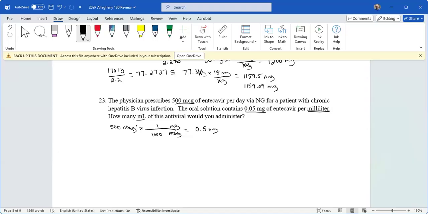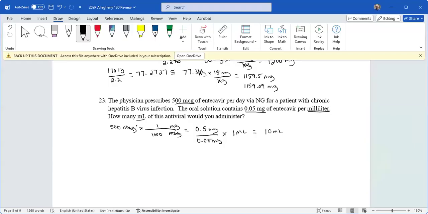Now, you can use dimensional analysis, but I'm going to divert from that and do ordered over available. My available is the 0.05 milligrams times my quantity, which is 1 ml, and I believe I get 10 milliliters. Let me double check. Okay, yes, thank you. I like the confirmations.